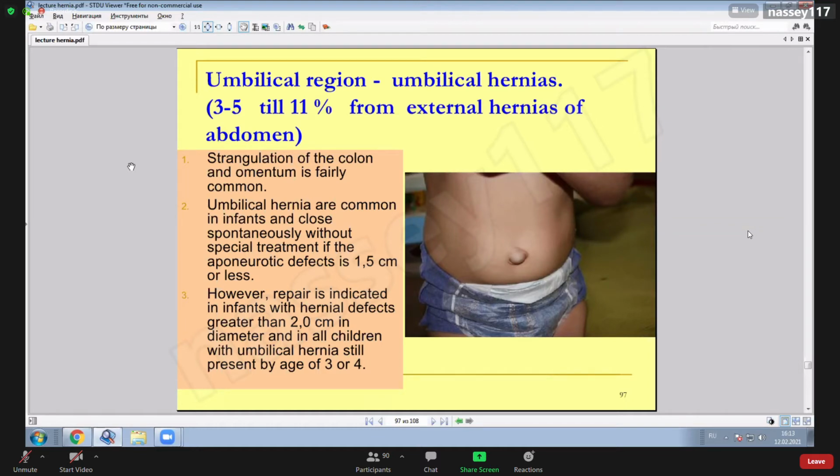However, repair is indicated in infants with hernial defects greater than 2 cm in diameter and in all children with umbilical hernia still present by age 3 or 4 years. It's a small hernia. Yes.